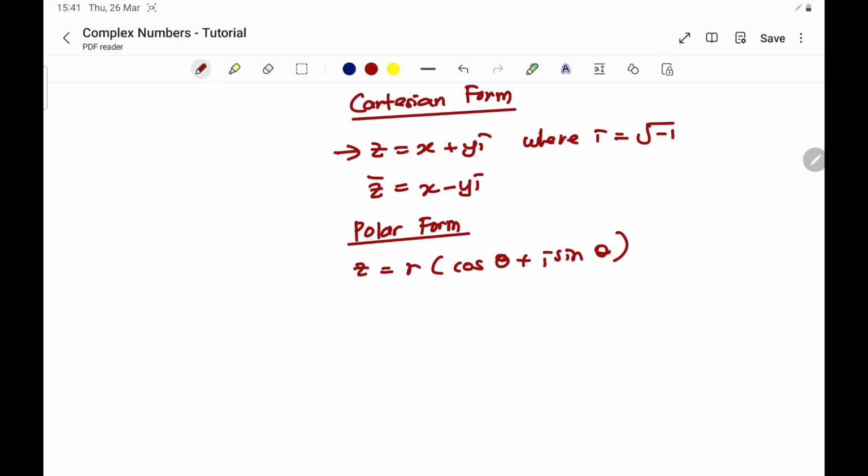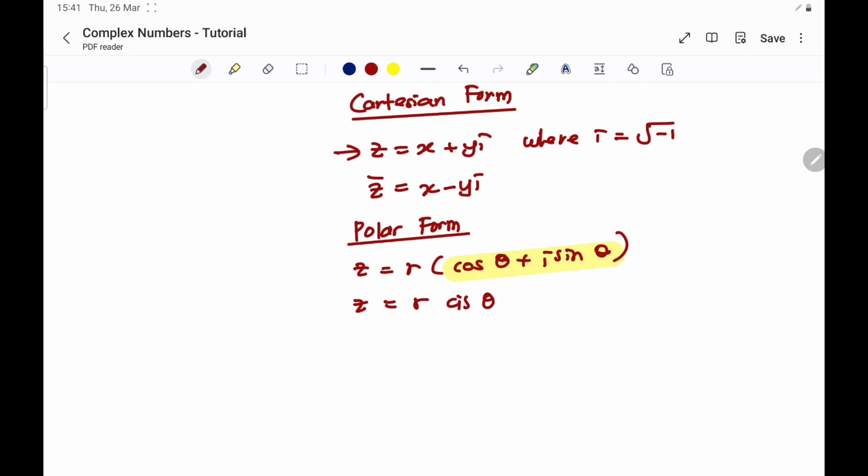Sometimes people write it in the short form, which is r cis theta. So what is cis? Cis is actually this formula, cos theta plus i sin theta. So you can write it like this.